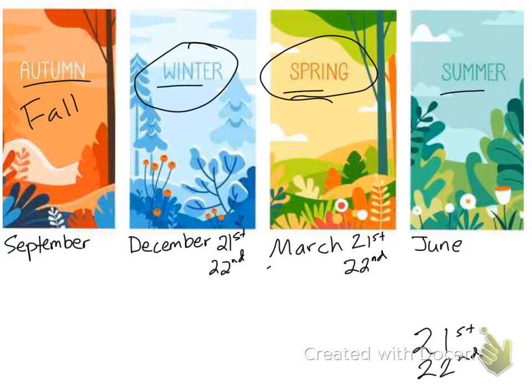Then spring goes until June 21st or 22nd. Okay. And then summer lasts until September 21st or 22nd, and then it turns into fall. All right, so what are all of the winter months?